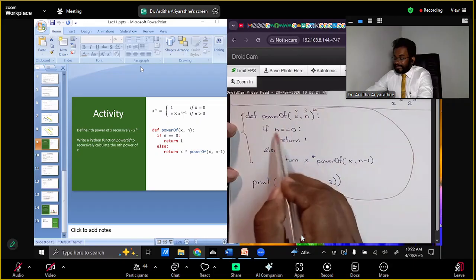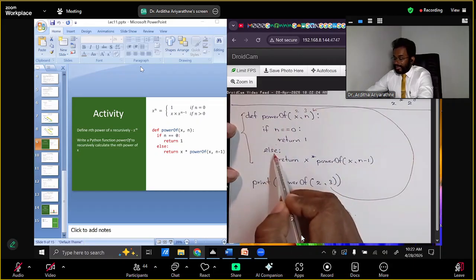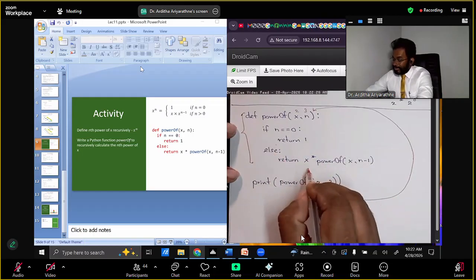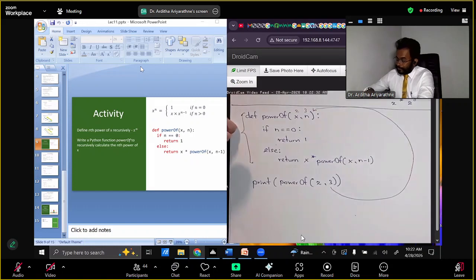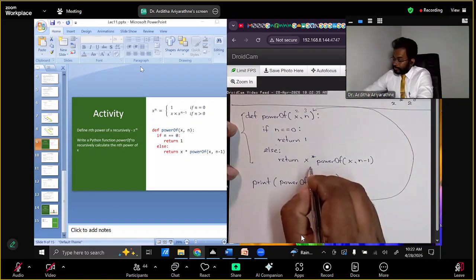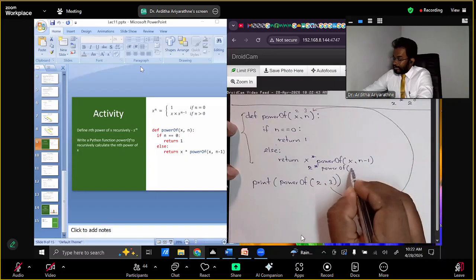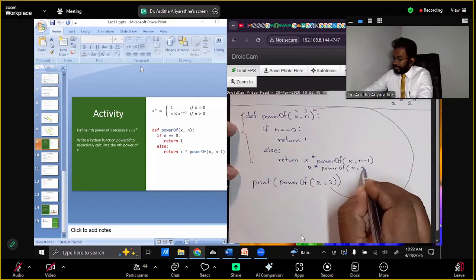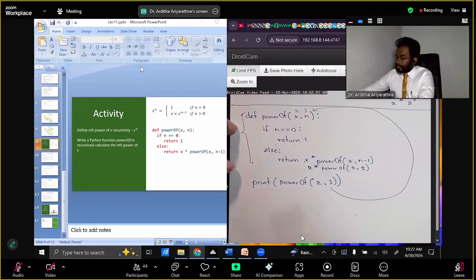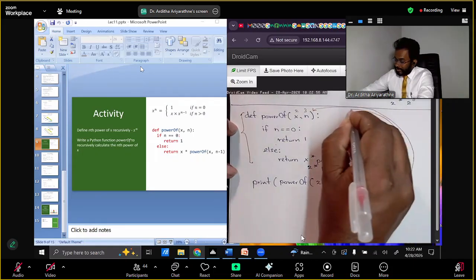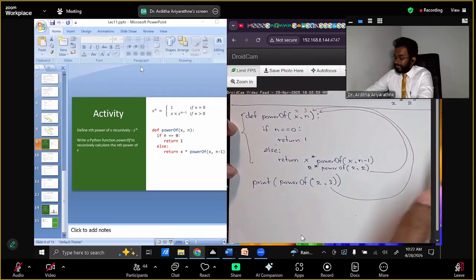The first time, the if condition is false, because of that we come to else. In else, x means 2, multiplied by power of 2, n minus 1. N minus 1 means initially it's 3, now it's 2. Again we are calling the same function with two different values, 2 and 2.